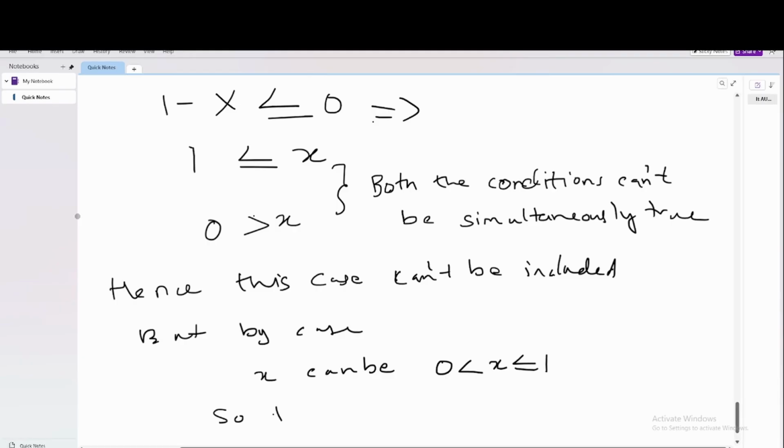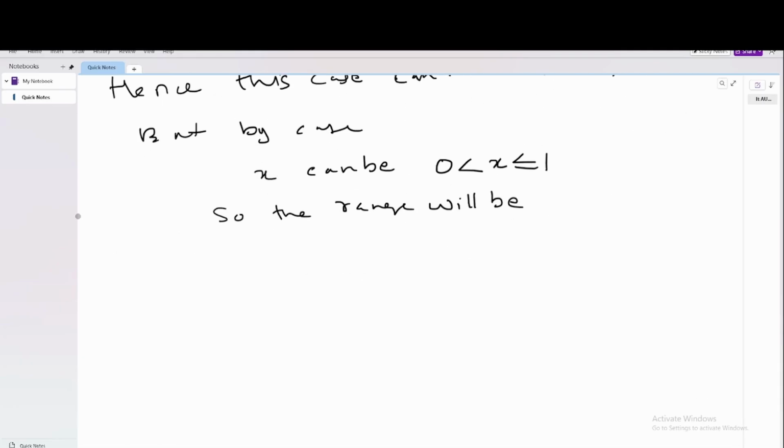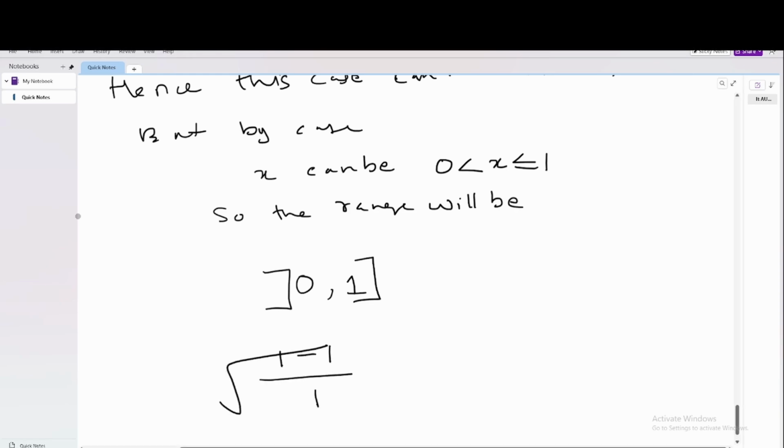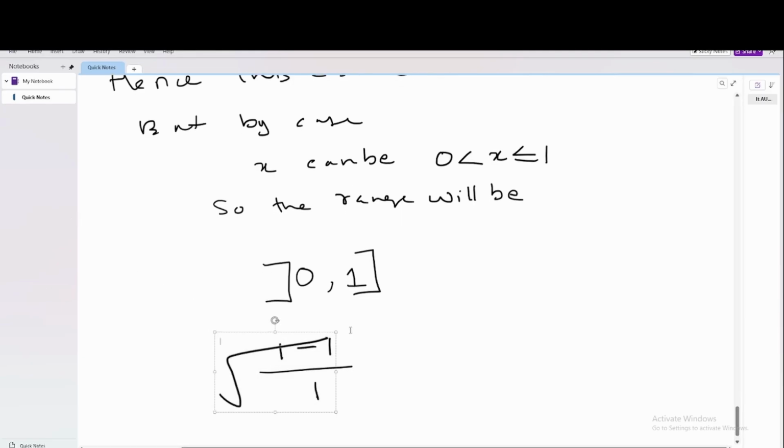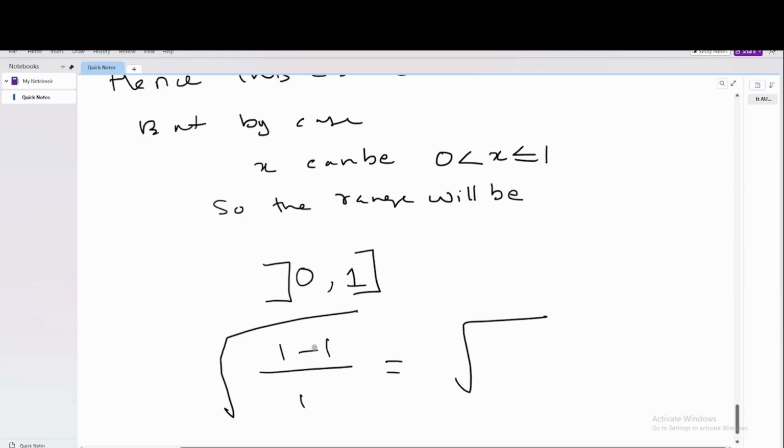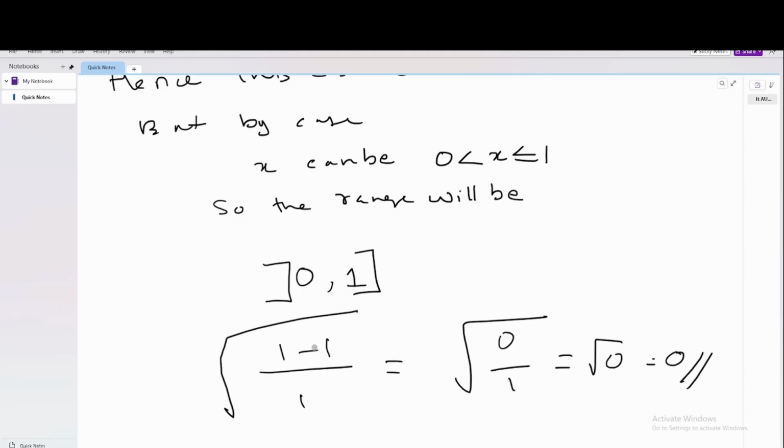So the range will be 0 excluded and 1 included, because root of (1 minus 1) by 1 is equal to root of 0 by 1, which is equal to 0, which can be in that possible range.